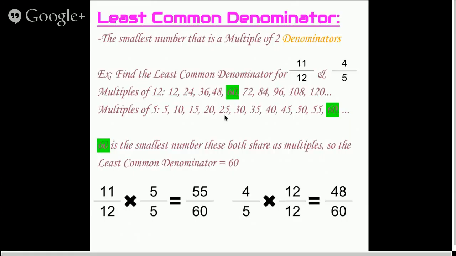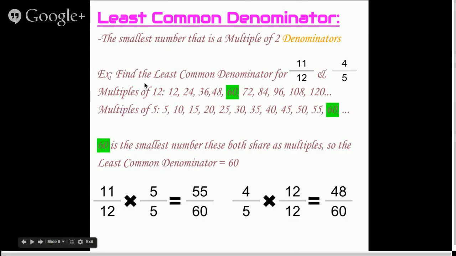So to find the least common denominator, this is probably the hardest step. It's the smallest number that is a multiple of both denominators. So if we had 11/12 and 4/5, we're looking for the smallest number that is a multiple of both 12 and 5.